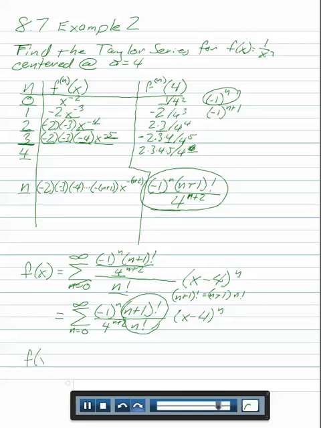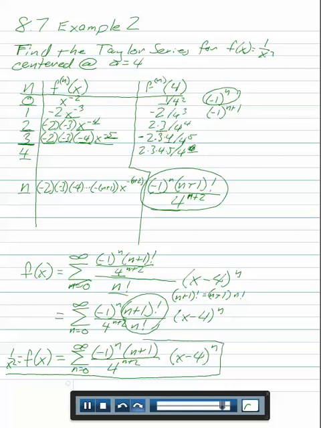So f of x, which is the function 1 over x squared, is exactly the same where it converges as the sum from n equals 0 to infinity, negative 1 to the n times n plus 1 over 4 to the n plus 2, x minus 4 to the n. So this function is the same as that series centered at 4 on its domain of convergence, which is what we learned in 8.5. You could check this with the ratio test to see where it's accurate.